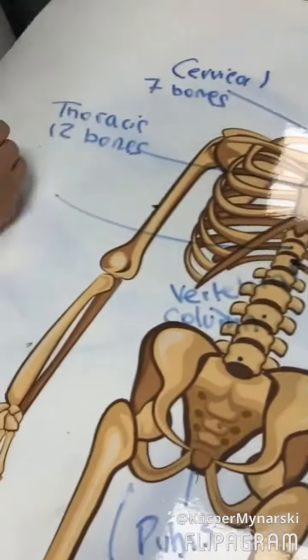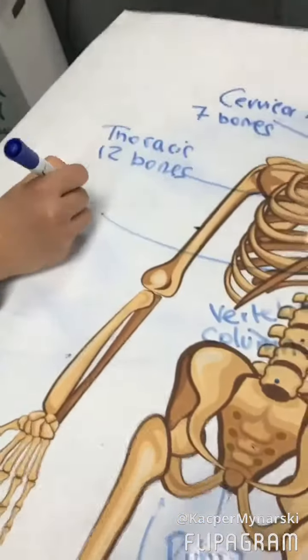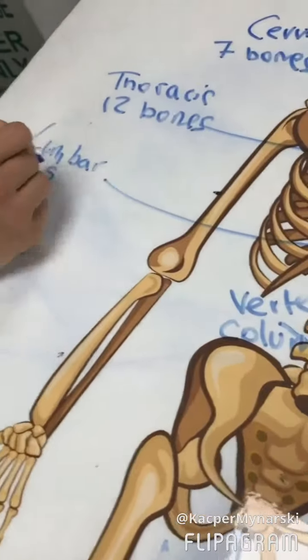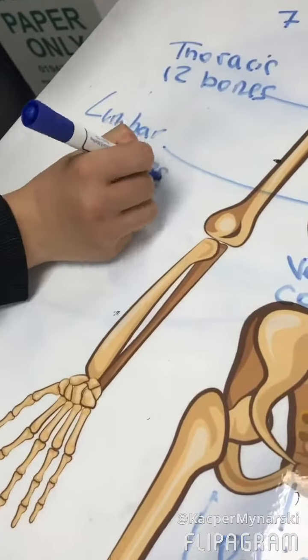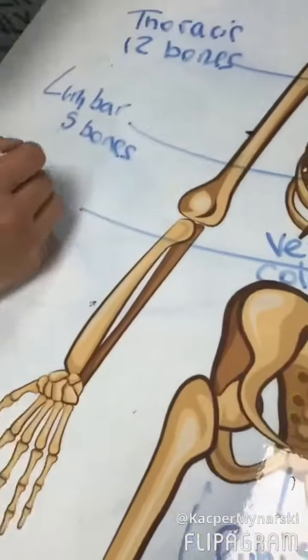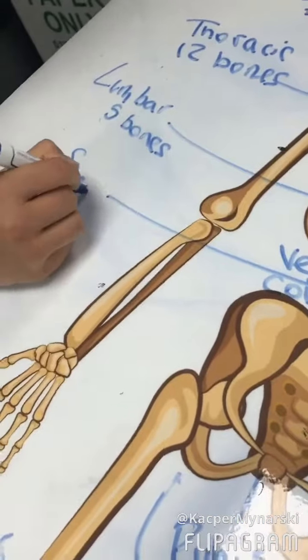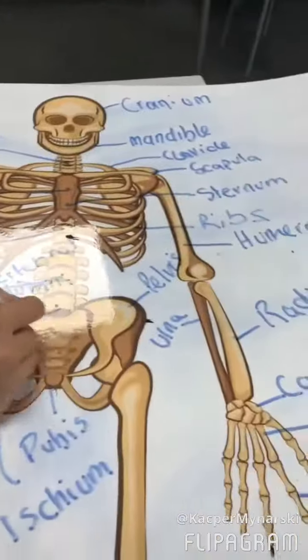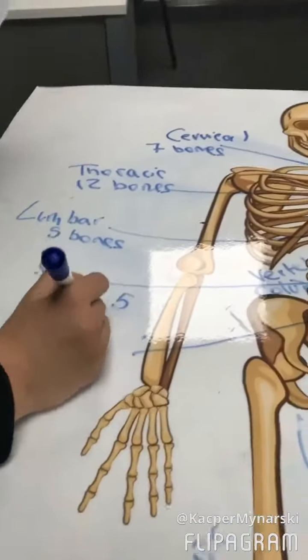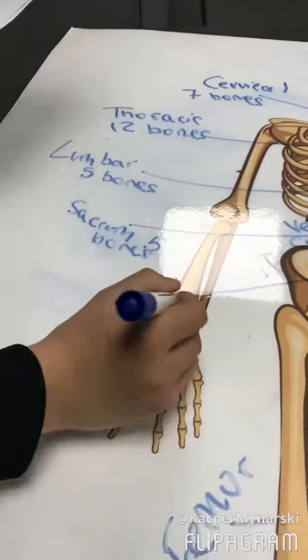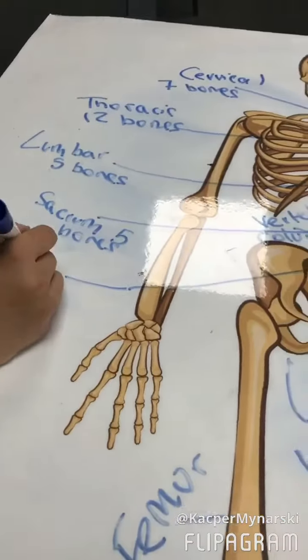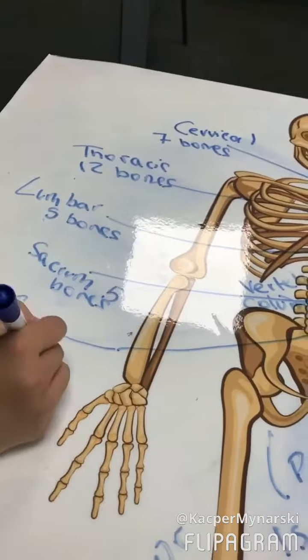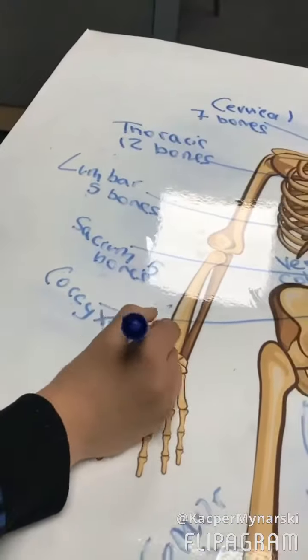This is the lumbar, and it has 5 bones. This is the sacrum, and it has 5 bones. And this is the coccyx, which has 4 bones.